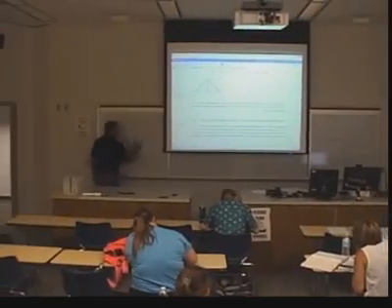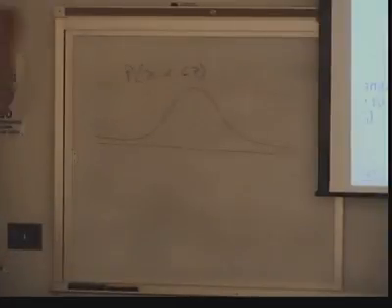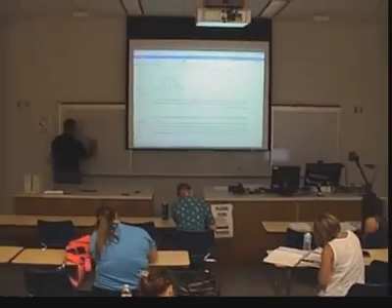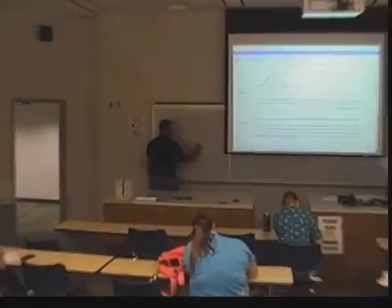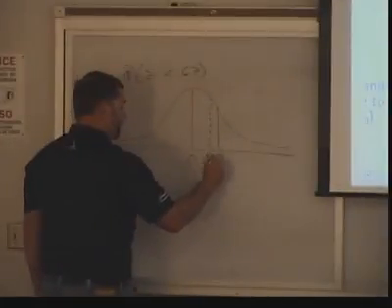So let's draw a picture that represents this situation. Notice I haven't bounded it below, right? There's no lower bound on z. Z can be negative 10 million, right? So I know here's 0 right in the middle. Here's 1. So 0.67 is going to be about right here. You guys agree with that?